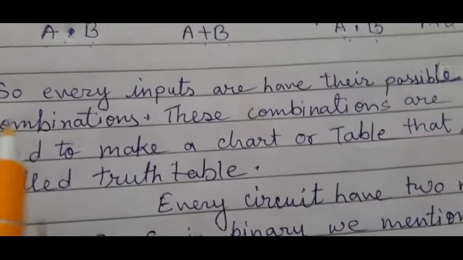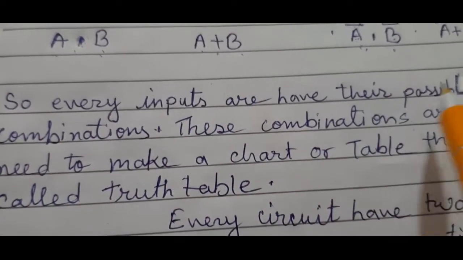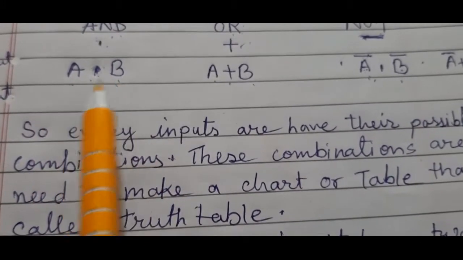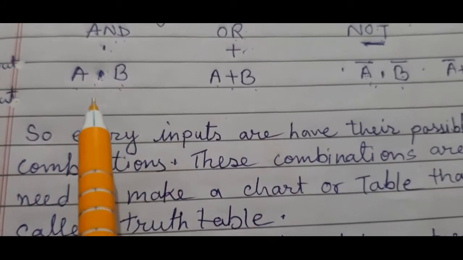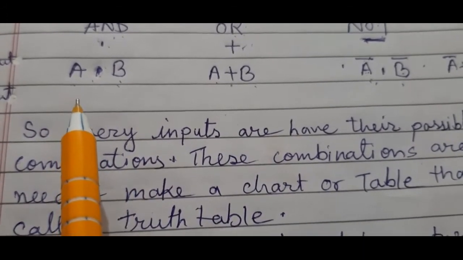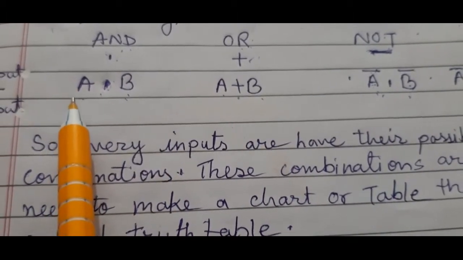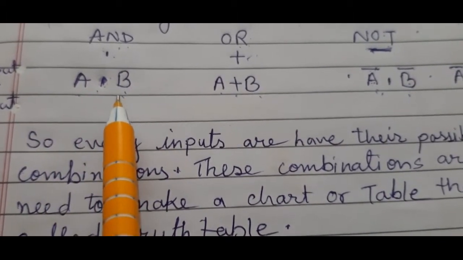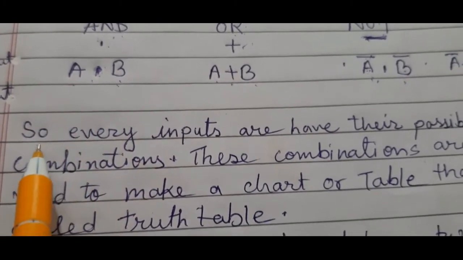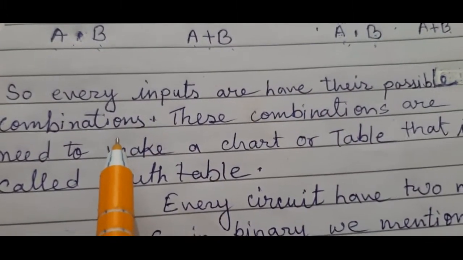The second important thing is that every input has its possible combinations. Because there are two inputs, definitely they have some combinations. Which type of combinations? On and off combinations. Sometimes this input can be on and this will be off, or this will be on and this can be off. So every input has its possible combinations.